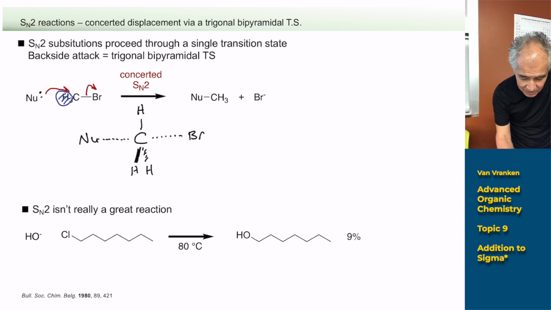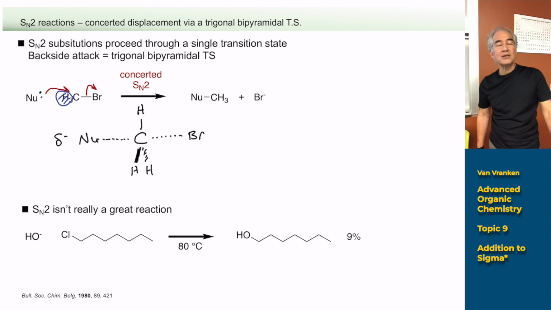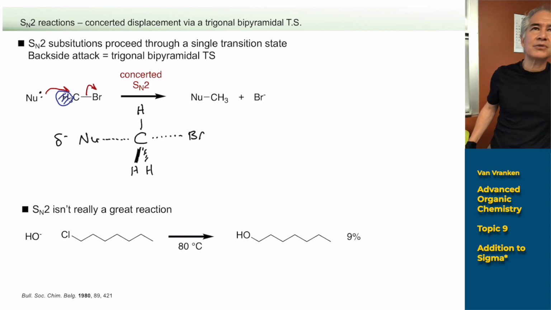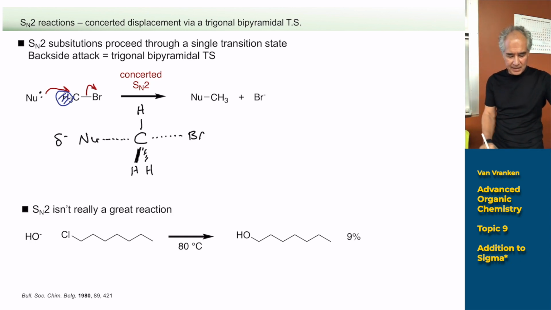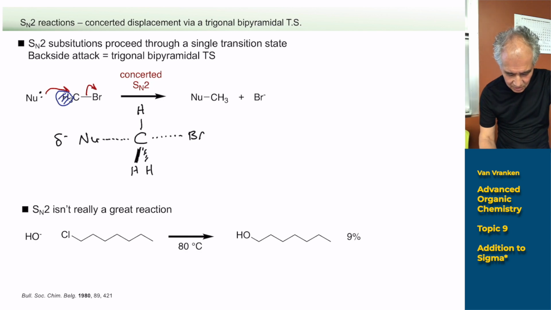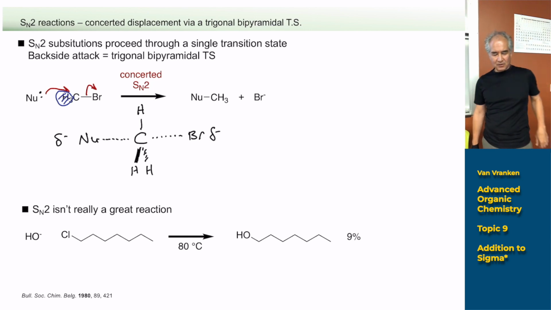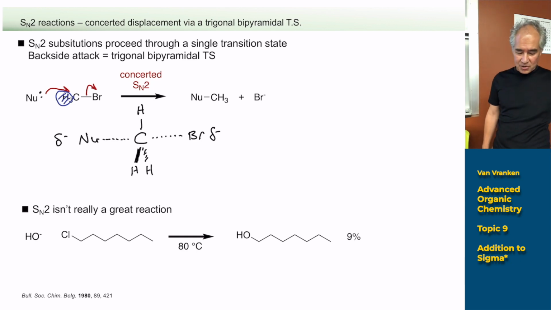Most nucleophiles are partially negative. Alkoxides, amines are electronegative, so they're kind of bringing that negative charge closer to the amine. Leaving groups tend to be electronegative, so don't be surprised if your leaving group is leaving with a negative charge or building up more negative charge in the transition state.